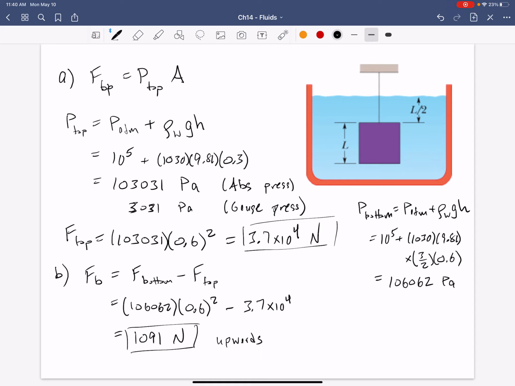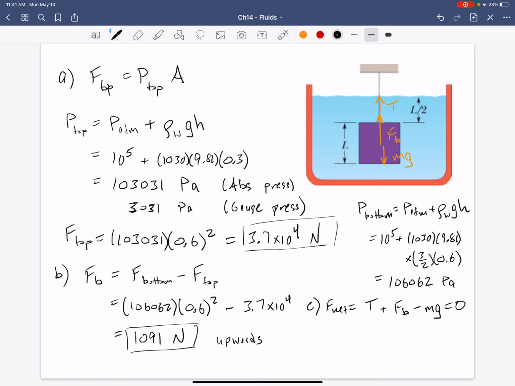And now for part C, we can use the fact that we have the buoyant force, the object's weight, which I should write in vector form right there. We have FB, we have its weight, mg, and also we have the tension, T. So for the net force equation, the tension is positive, the buoyant force is positive, but the box's weight is negative, and all that equals 0.